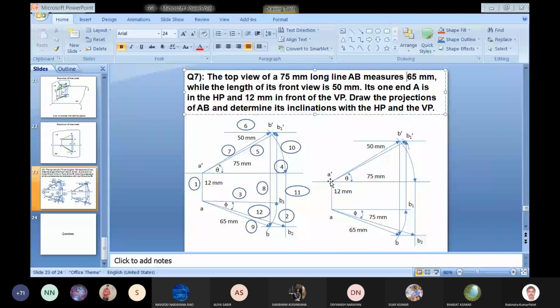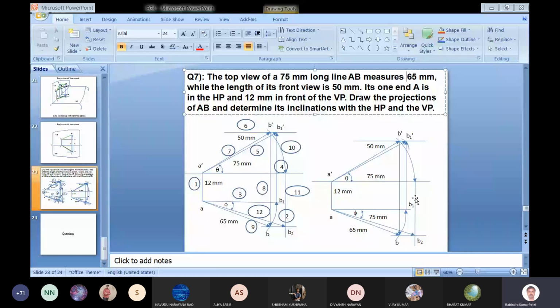Now we can rotate, which means we can make an arc like this so that it intersects the reference line, and from here we can draw a straight line in the downward direction.